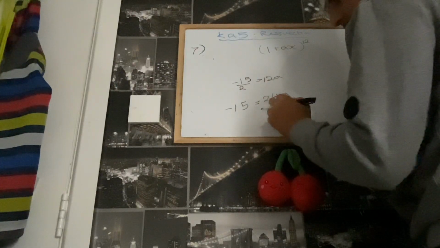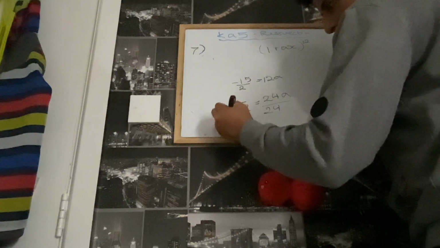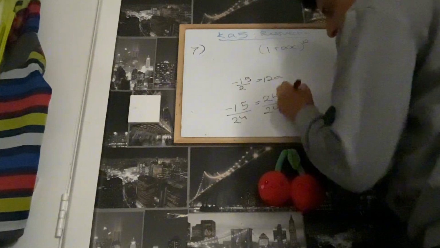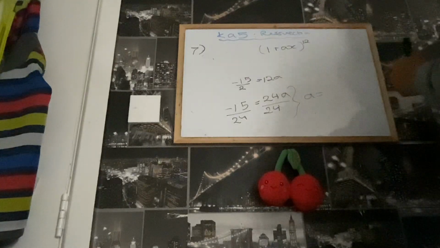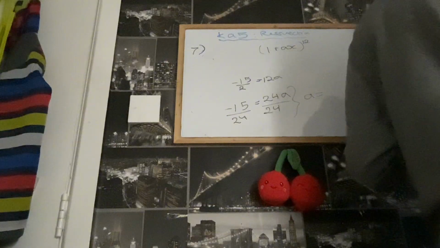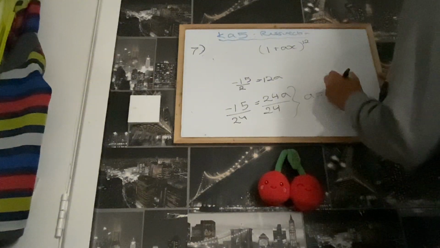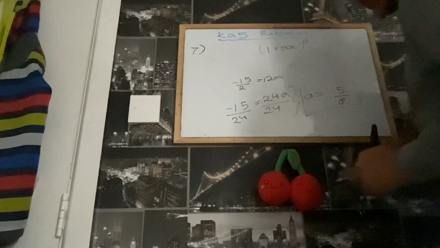If we divide by 24 on each side, we should be left with a equal to minus 5 over 8, and that is our answer for a.